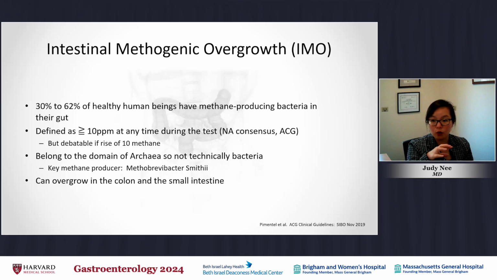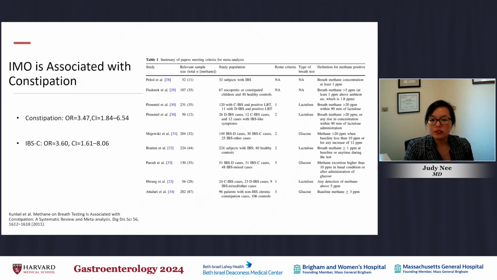It can overgrow or be present in the colon and the small intestine, therefore it is not a small intestinal overgrowth. This is the meta-analysis that was looking at methane positivity in correlation with constipation. So IMO and methanogen presence is associated with constipation. Remember that these studies are also based on varying criteria of methane positivity.